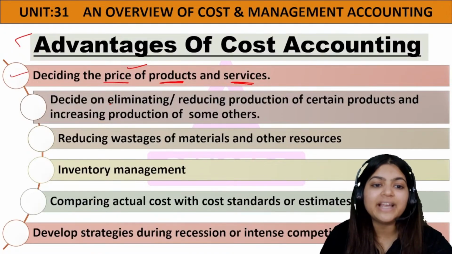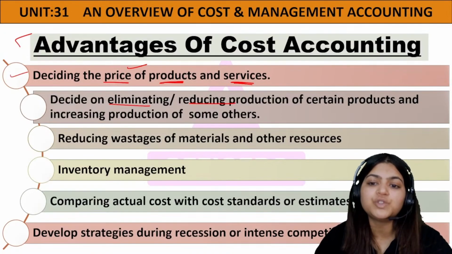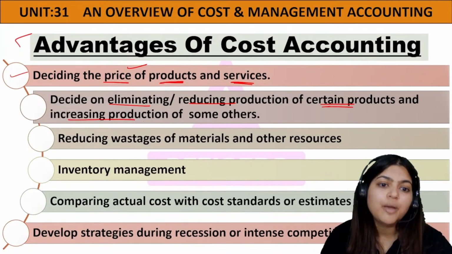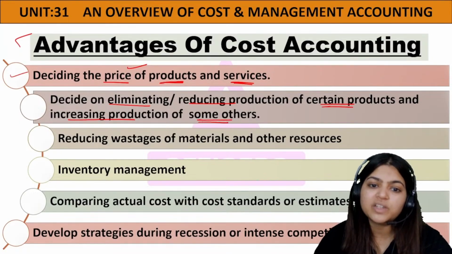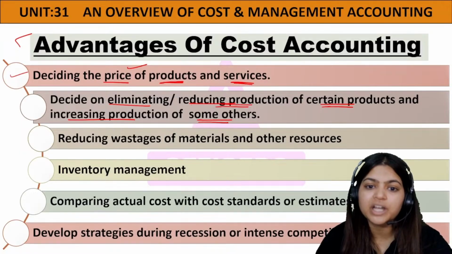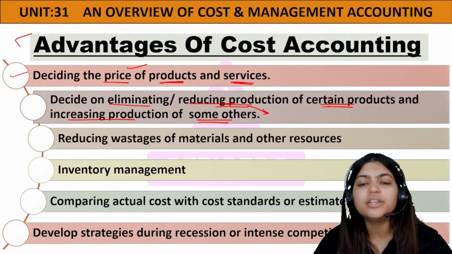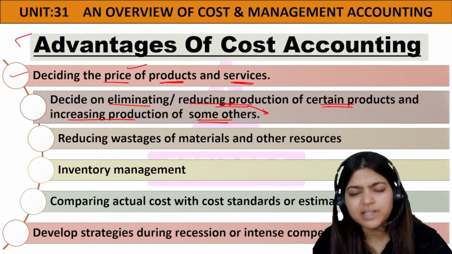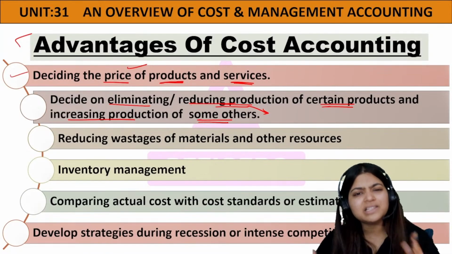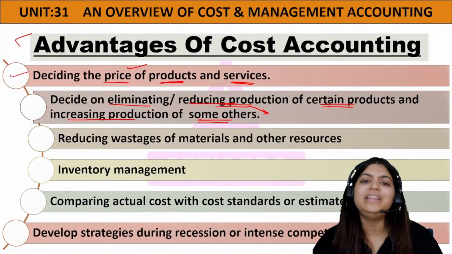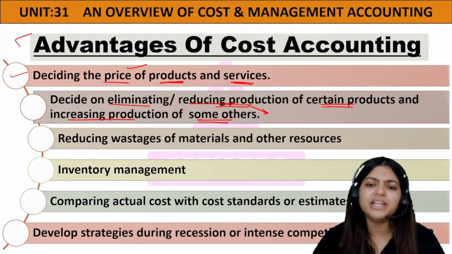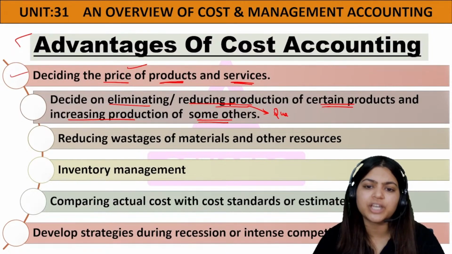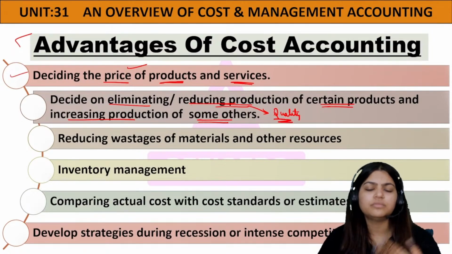Now, deciding on eliminating or reducing production of certain products and increasing production of some others. Basically, you are reducing unwanted production or unnecessary activities, so you can eliminate them. Say you are calling for a quality check again and again.